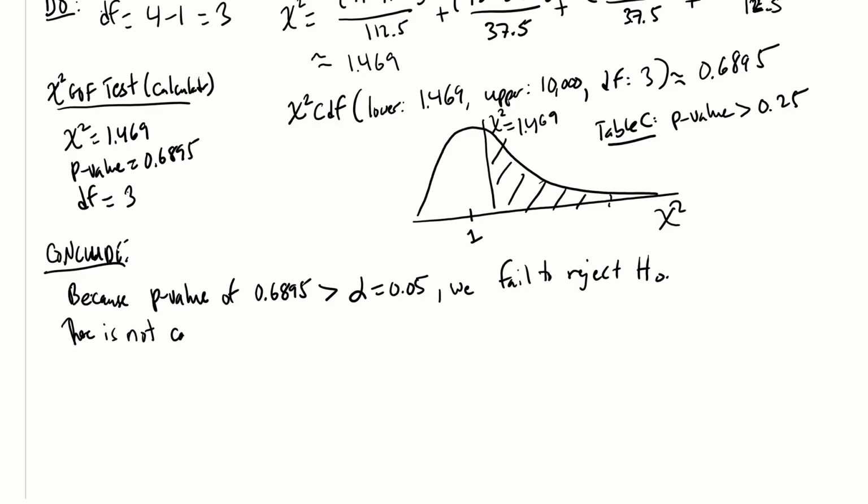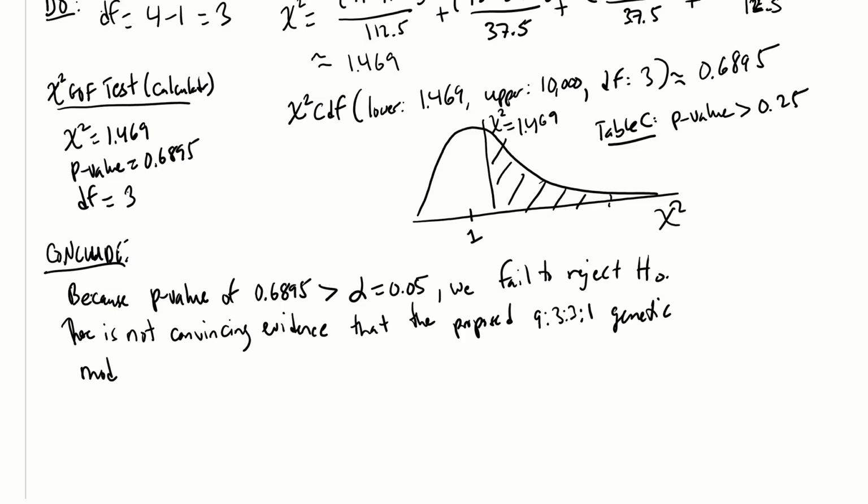There is not convincing evidence that the proposed 9:3:3:1 genetic model is not correct. So we don't have enough evidence to say that it's not correct, based on the data that we have. In fact, it looks pretty good considering that the chi-square is very small.